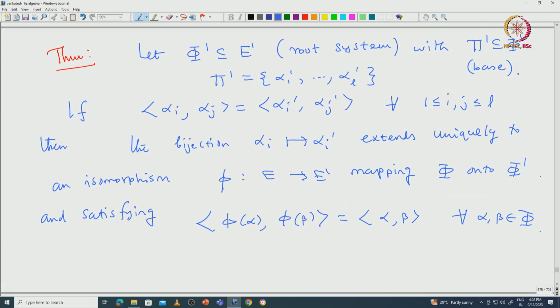That means this π that we have extended defines an isomorphism between the root systems Φ and Φ'. So if C(Π) is the same as C(Π'), the Cartan matrices of Π and Π' are the same, that immediately implies the corresponding root systems are isomorphic. And it is not hard to see that if you start with isomorphic root systems, then the Cartan matrices must be the same up to an order.